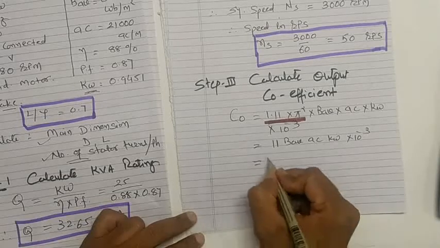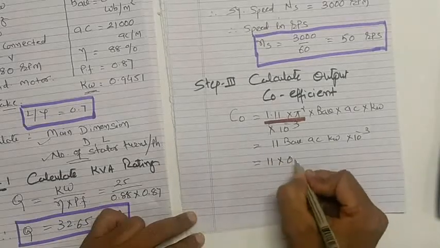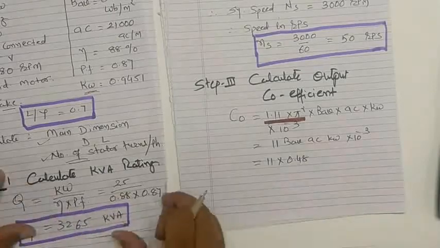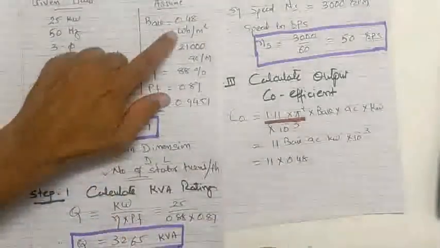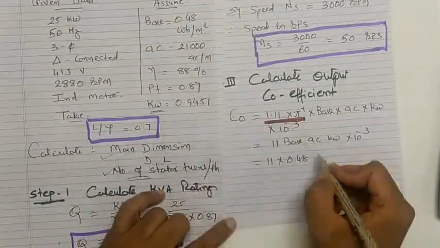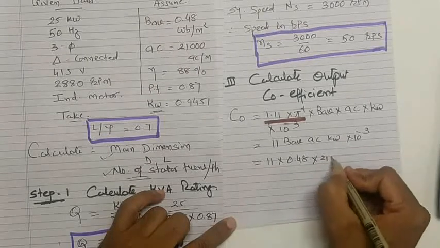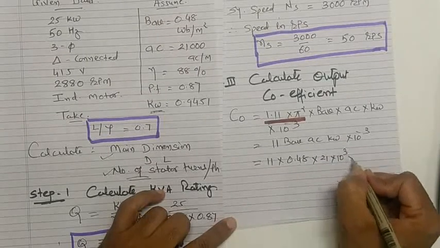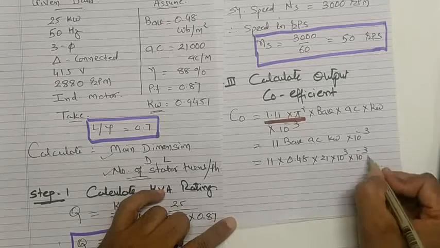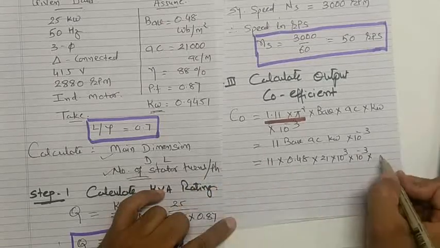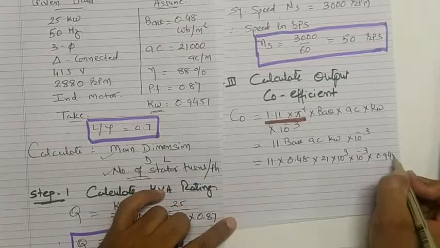So now 11 multiplied by 0.48, we have been given 0.48 Weber per meter square. Then AC, that is 21 multiplied by 10 raised to 3, multiplied by 10 raised to minus 3, and multiplied by 0.9451.